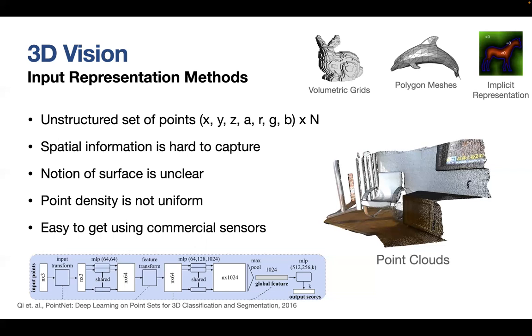Yeah. For example, when you look at the dolphin as a polygon mesh, if we have a point cloud for this dolphin, we need to somehow have this polygon mesh. We need to convert this to a polygon so that we know where the surfaces are. For example, how can we get the surface normal for the point cloud of a dolphin? We can't find it because we don't know the surface.